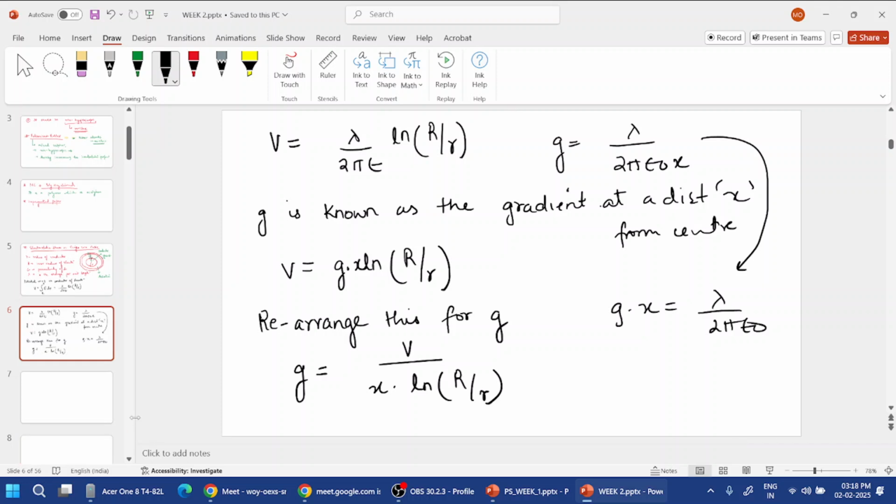So from here we can see that the gradient will be maximum when x is minimum. x is minimum at x equal to small r. It is the minimum value.